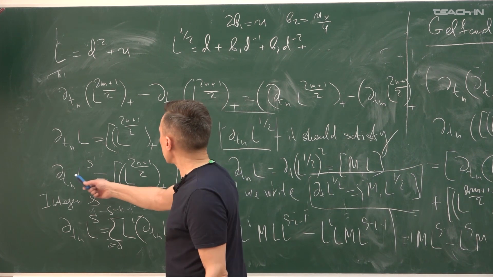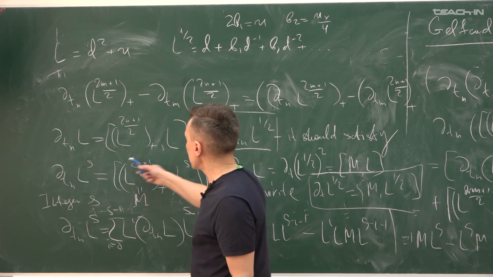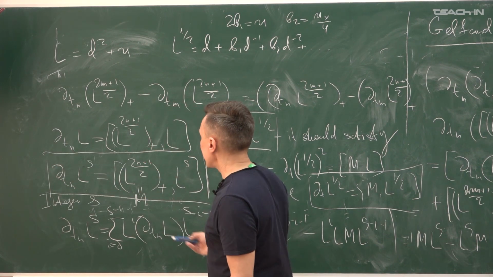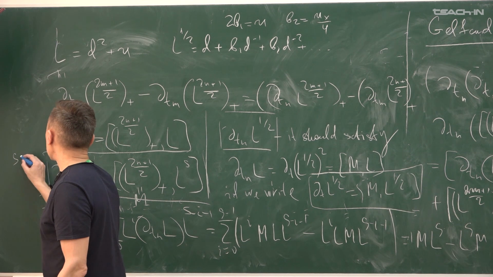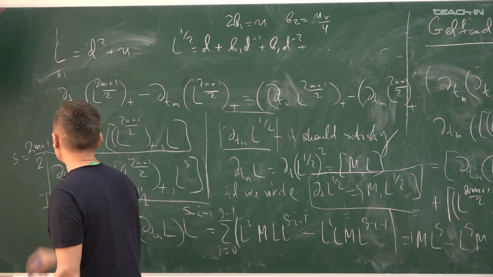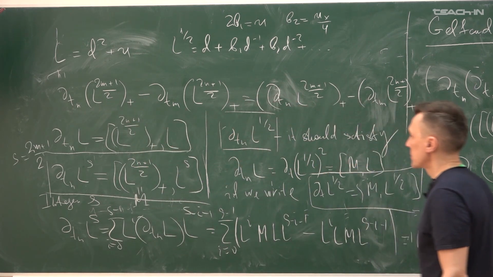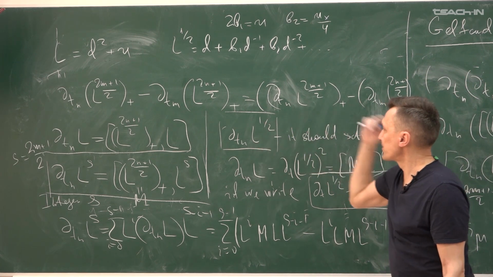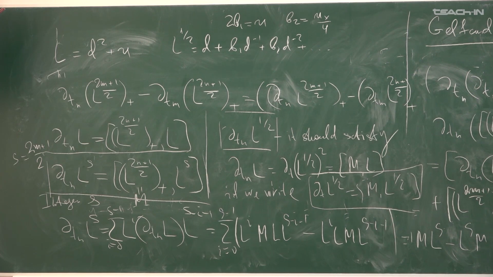So I'd like to use this formula now for all s, where s is (2m+1)/2, because it is true for integer powers of L, and for fractional powers which have denominator 2.